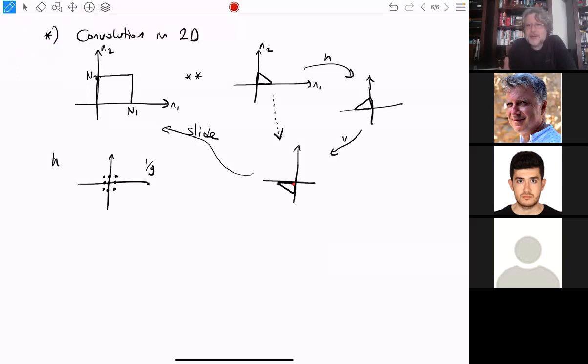All of them are 1/9. So it's like blurring throughout the image when you apply. And if you fold it twice, it will give you the same shape because it's around the origin. The origin is the center pixel here. So this is some sort of a low pass filter, you can say.